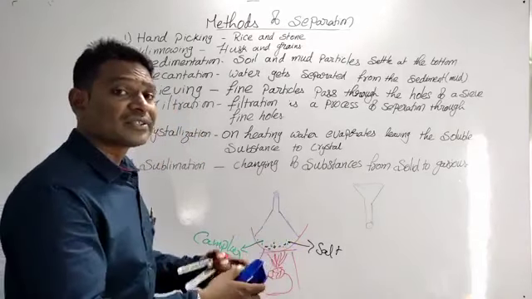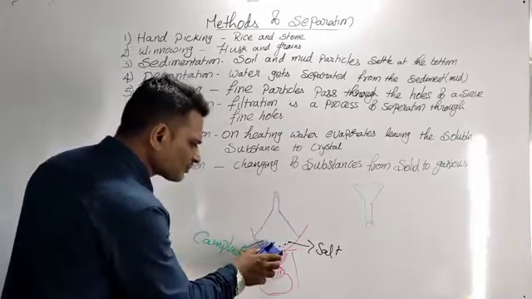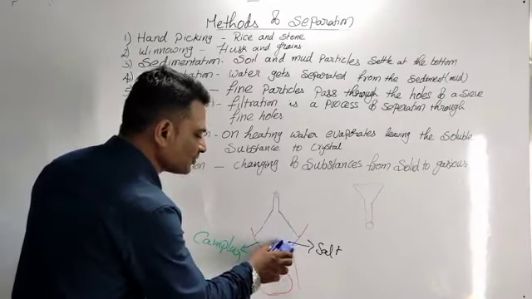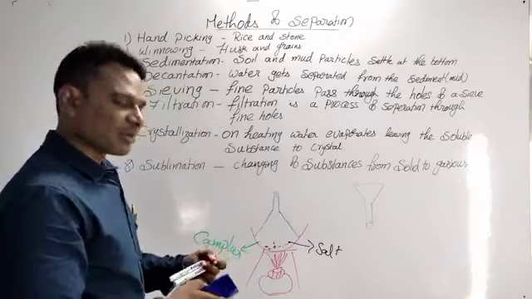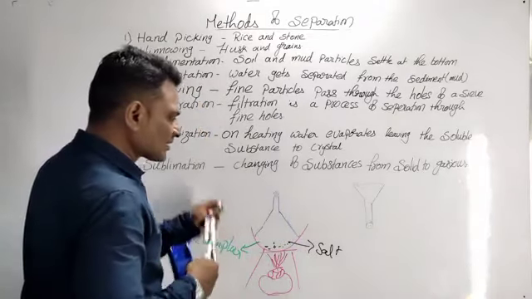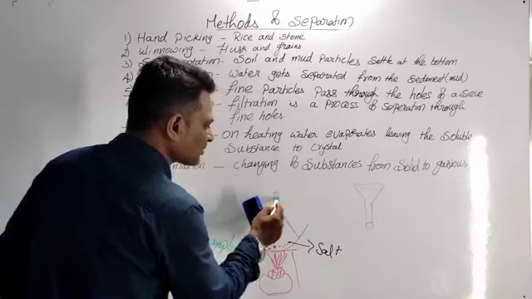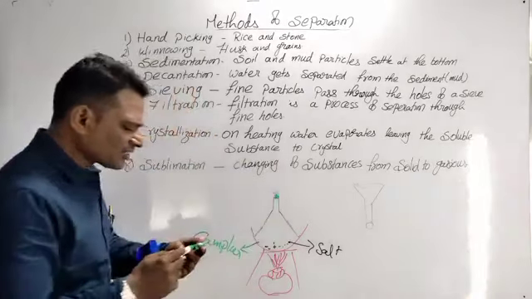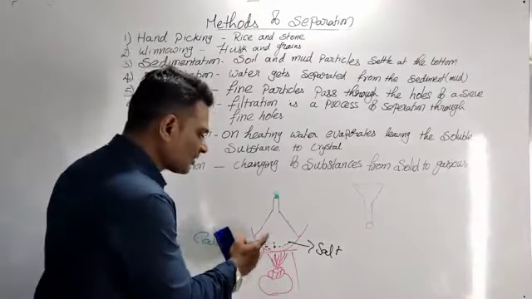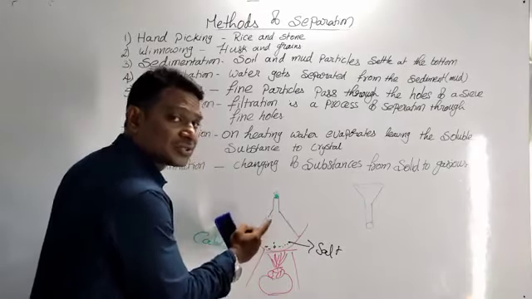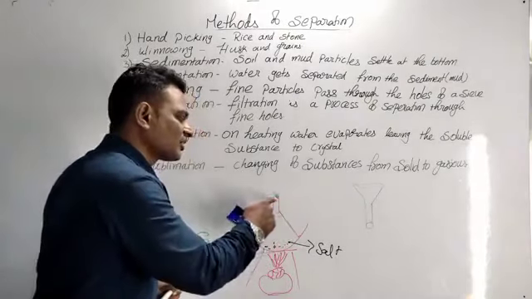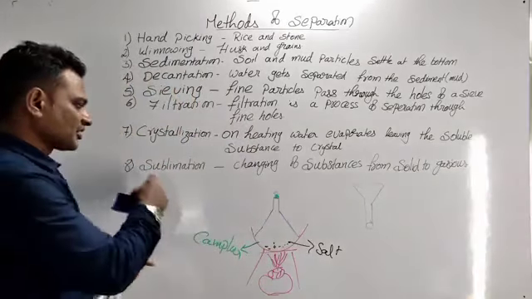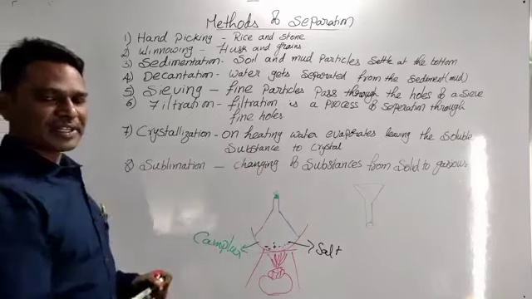It doesn't even turn to liquid. Directly from solid, slowly it will change into a gaseous vapor, and then settles at this point. So what you can see here is that the camphor has directly changed from the solid state into the gaseous state. This process is called sublimation.